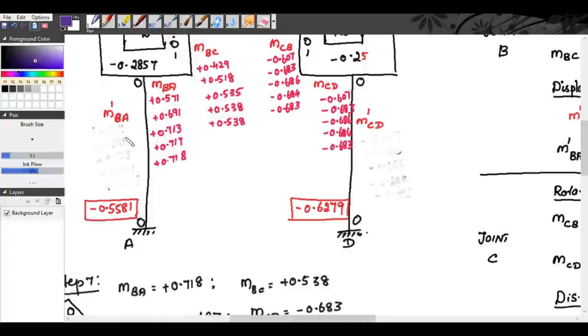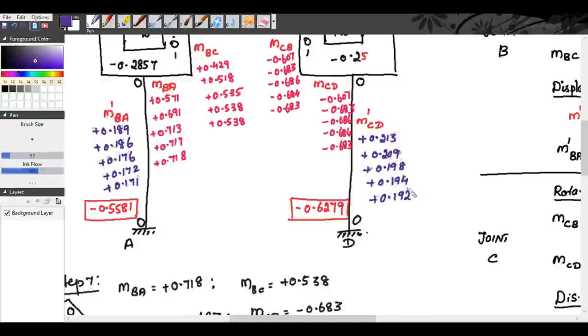So the values are M dash BA is equal to plus 0.189, plus 0.186, plus 0.176, plus 0.172, plus 0.171. Similarly, here it is plus 0.213, plus 0.209, plus 0.198, plus 0.194, plus 0.192.